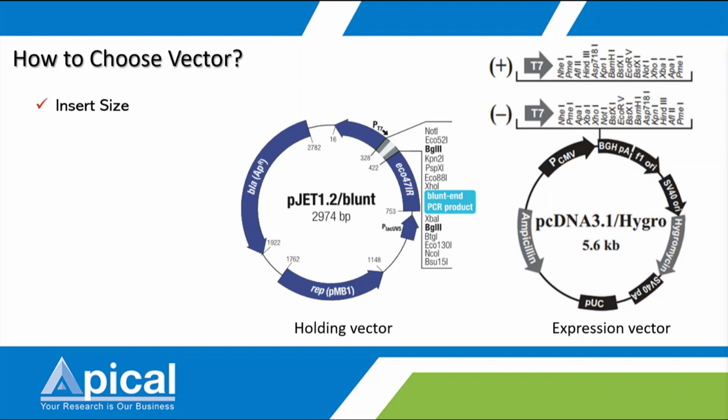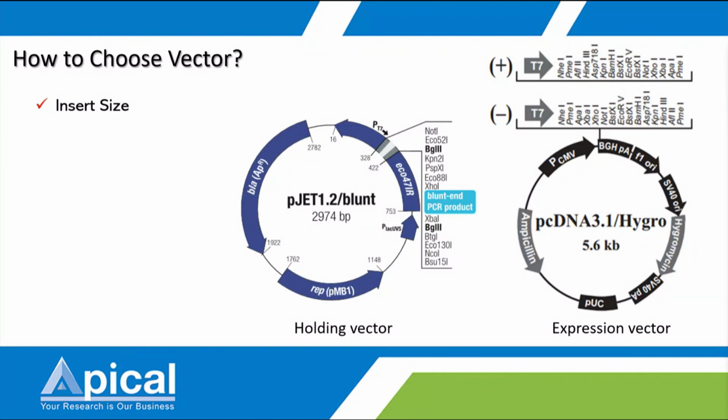Some vectors can take up to 3 kb, some can take up to 10 kb, some are possible to take up to 20 kb or more. So you need to know the insert size of your gene of interest. Then only you decide what vector to be used.